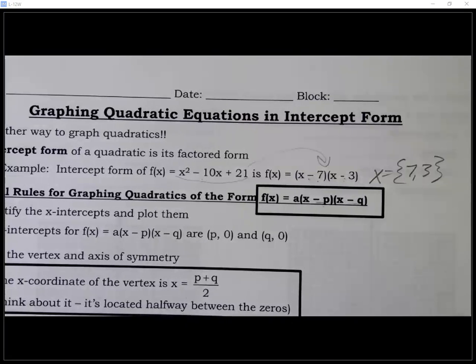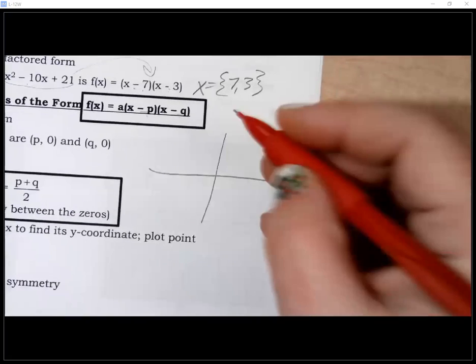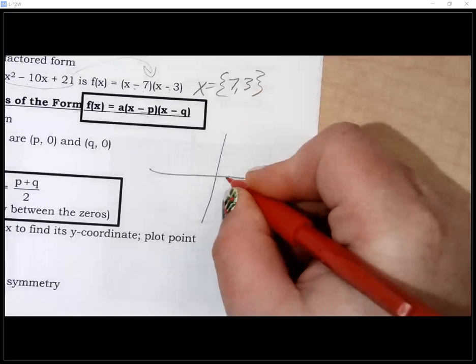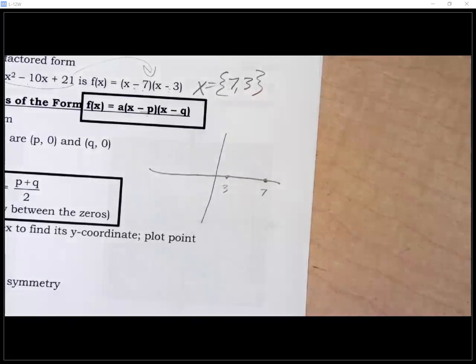Okay, so step 1, you're going to factor. Now to find the vertex, it's really not that bad. Let's just say, so for this one, I have x-intercepts at 3 and at 7, right? I don't know exactly where the vertex is, but I kind of have an idea because it has to happen where? Where does the vertex have to be?